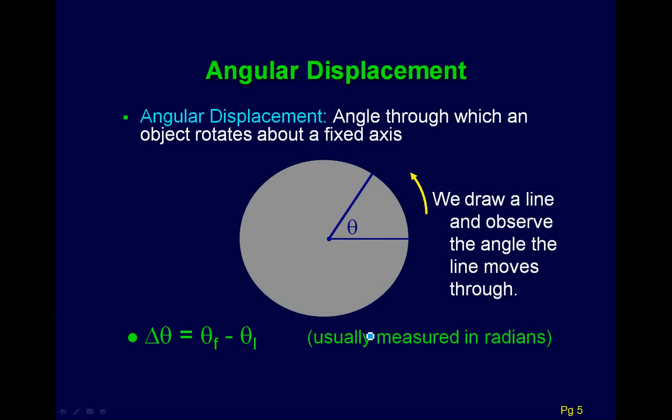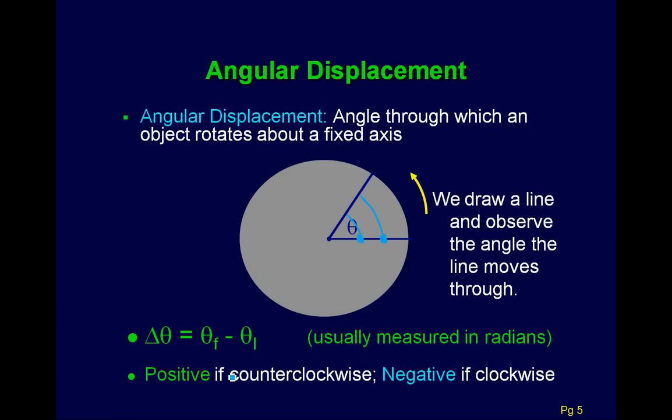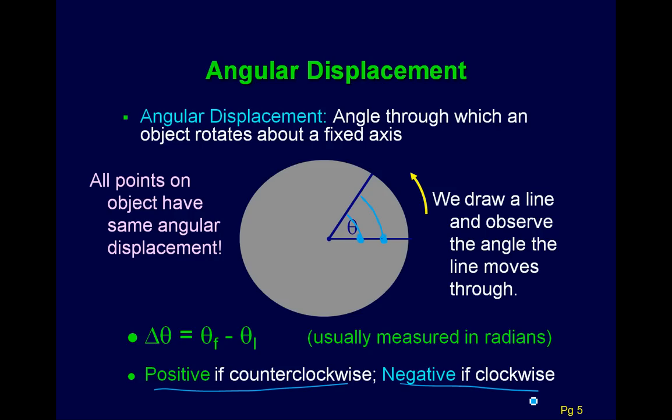If I draw these points again, 2 points here and here, as we travel here, they travel different linear distances, but they'll travel the same amount of radians, the same angular distance. And be real careful here that by our definition it's always positive if counterclockwise and negative if clockwise. The whole point is that all points have the same angular displacement.